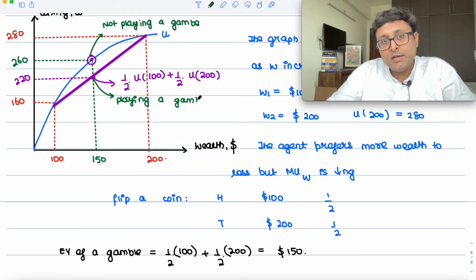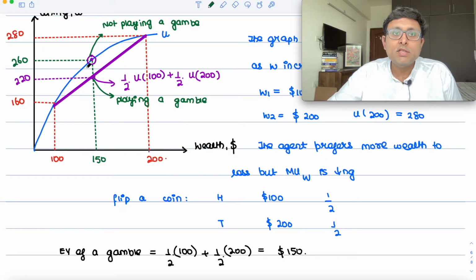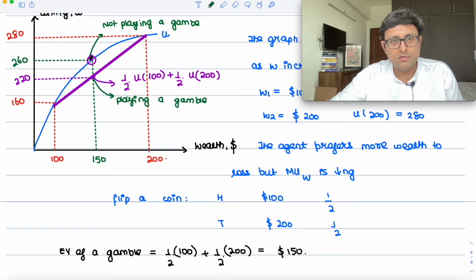So, who is a risk averse individual? One who prefers no gamble to any gamble. He doesn't want to play a gamble. That is one thing, right? For the risk averse individual, his utility from not playing a gamble is more than his utility from playing a gamble.